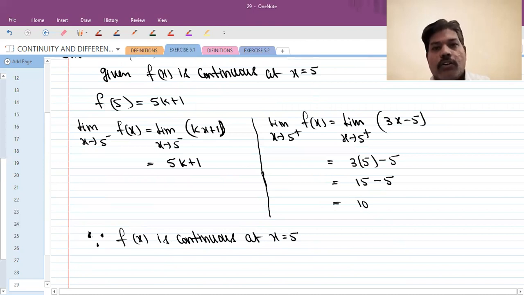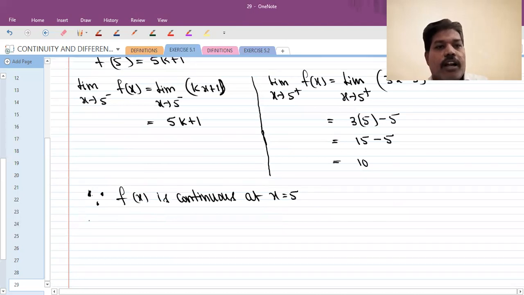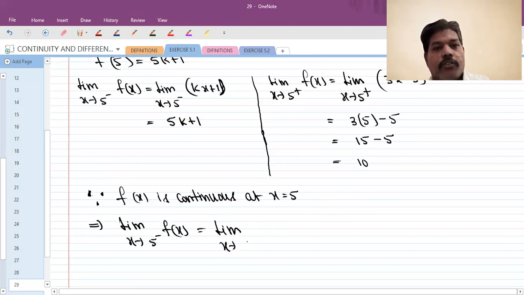Already you know the definition: limit as x extends to 5 minus of f of x is equal to limit as x extends to 5 plus of f of x is equal to f of 5.